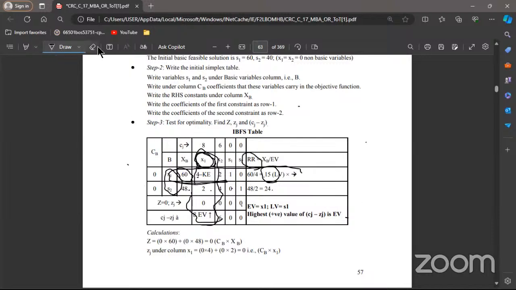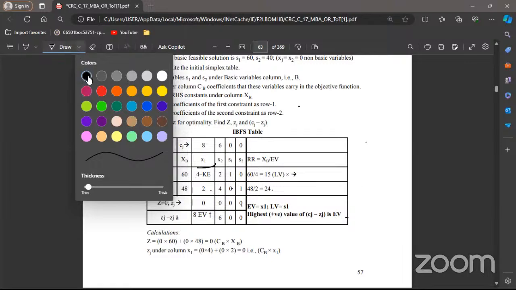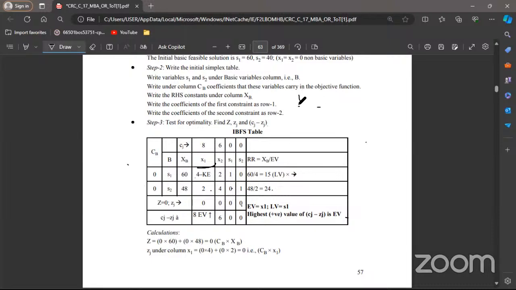So this condition is same irrespective of maximization or minimization. I will write down the rules here. For maximization problem, the entering value will be the maximum value. What is the entering value? For maximization problem, EV will be highest positive.